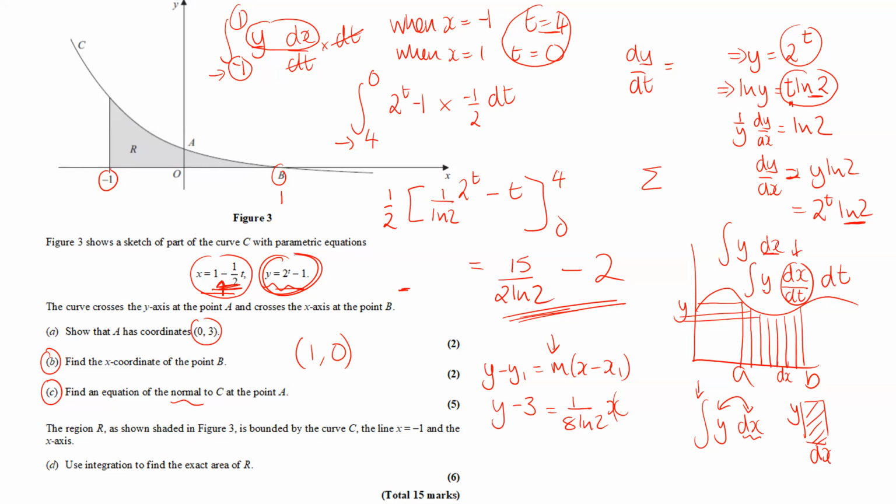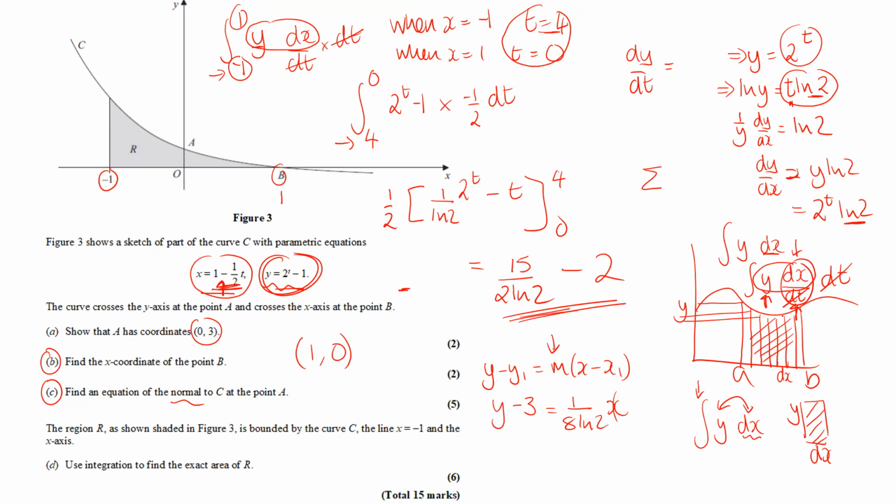If you do the y in terms of t and multiply it by the differential of the x, then these dt's will cancel, and we are in fact just integrating y dx, and therefore finding the area under the curve between the x-axes.